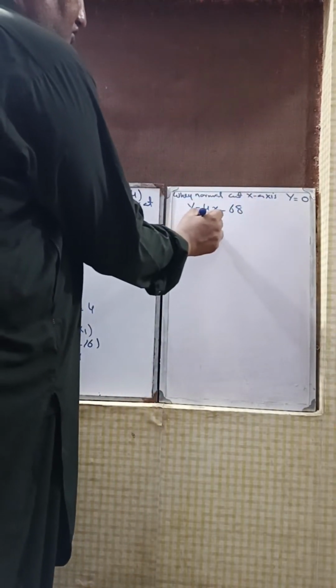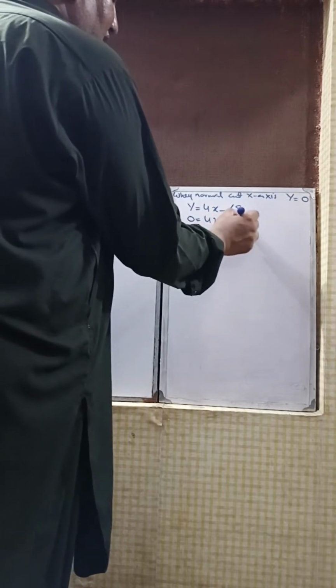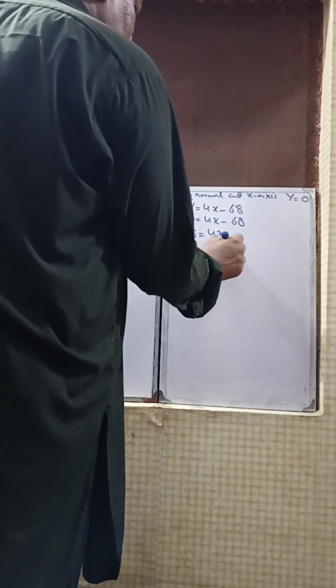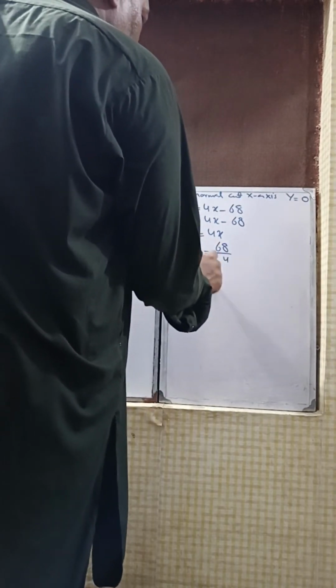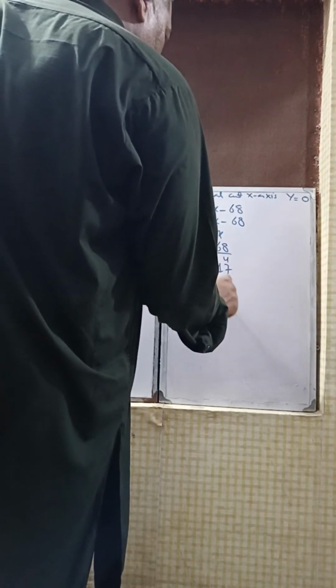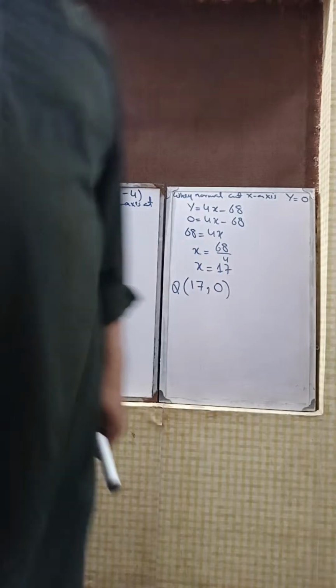So 0 equals 4x minus 68. So 68 equals 4x. So x will be equal to 68 divided by 4. 4 ones are 4, 4 sevens are 28. So the coordinates of the point Q will be 17, 0.